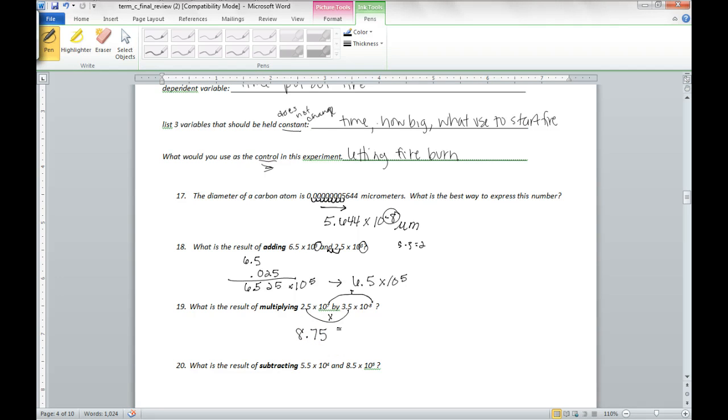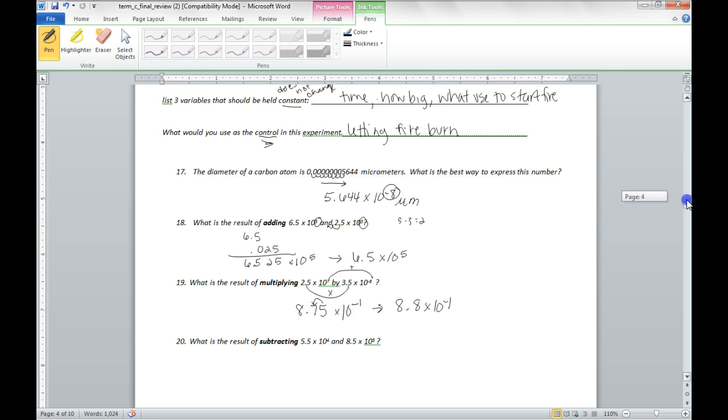If we go 7 plus a negative 8, it gives us negative 1. We only have 2 sig figs here, so we have to round that, so we only get left with 2 numbers. Our answer is going to be 8.8 times 10 to the negative 1.